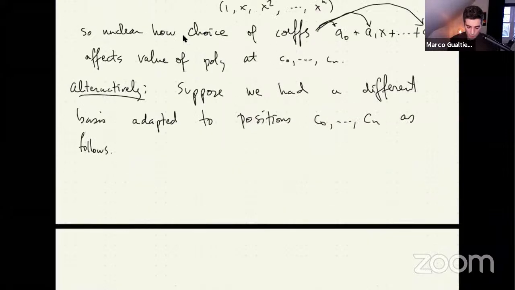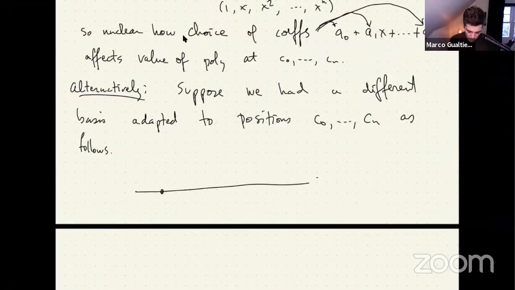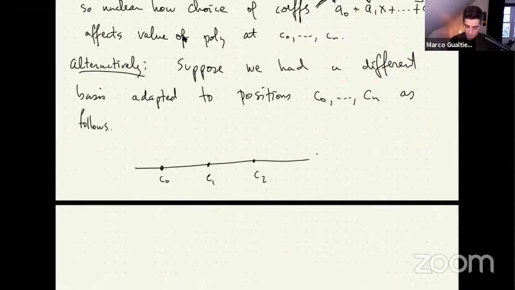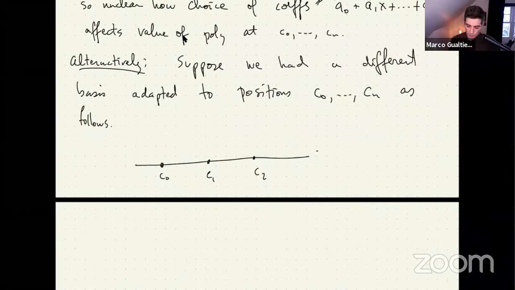Okay, suppose that, if this is c0, c1, c2, I had a basis. Let me call the basis delta 0, delta 1 up to delta n.